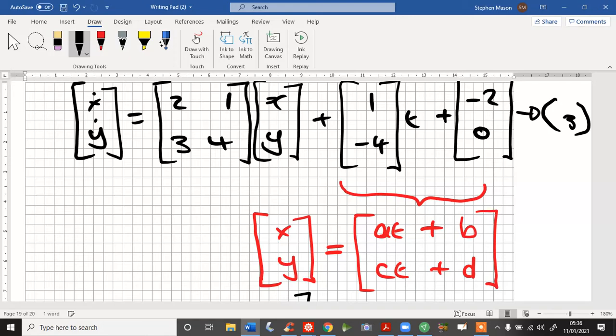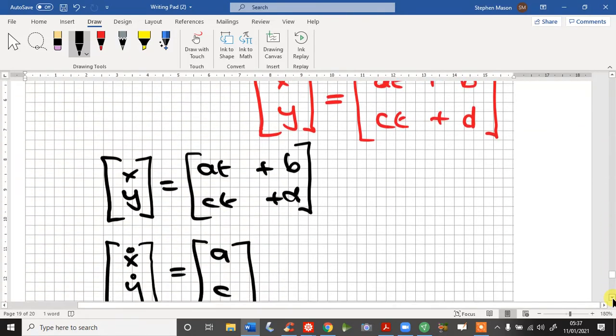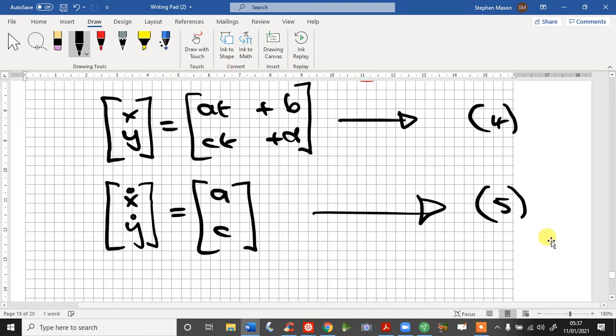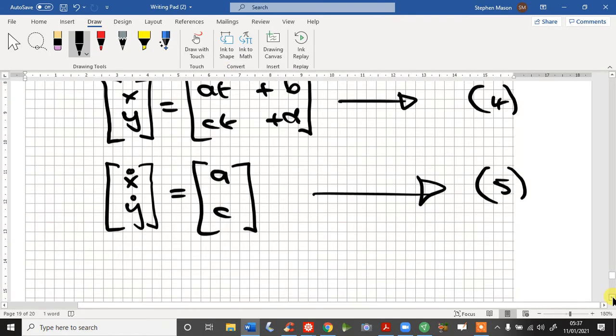I'm not relabeling it, but that means that this is equation 4 and this is equation 5. So I'll write this down for you.